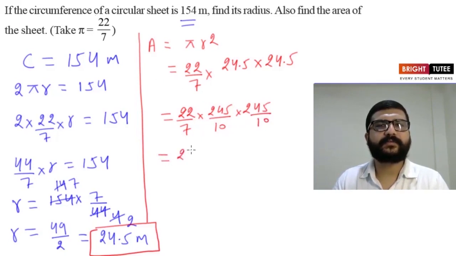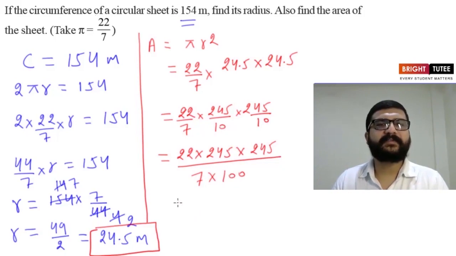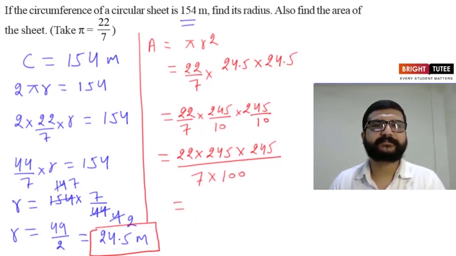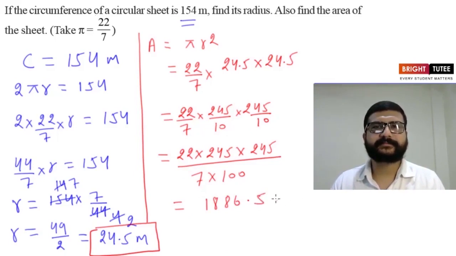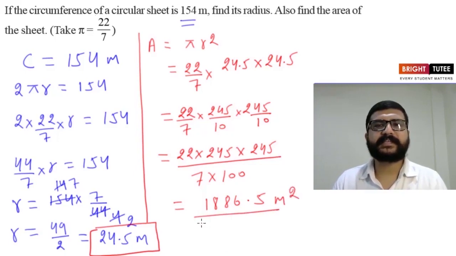Now this will be equal to 22 into 245 into 245 divided by 7 into 100, because 7 into 10 into 10, 10 into 10 is 100. Now by simplifying this, we will get 1886.5, and unit will be square meters. So this is the area of the circular sheet.